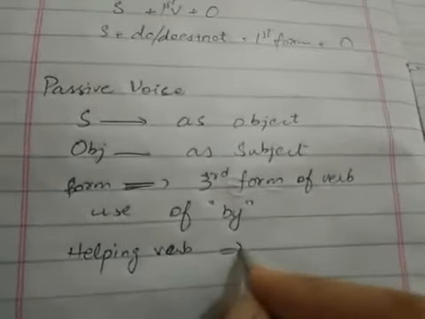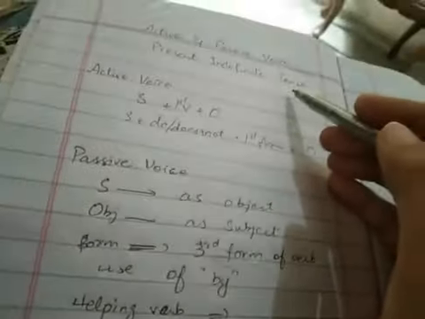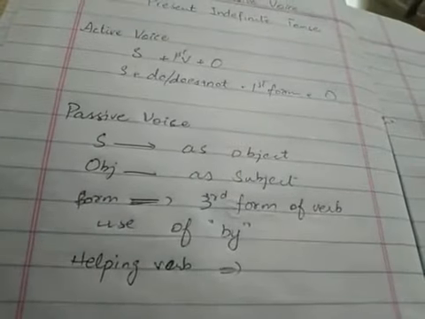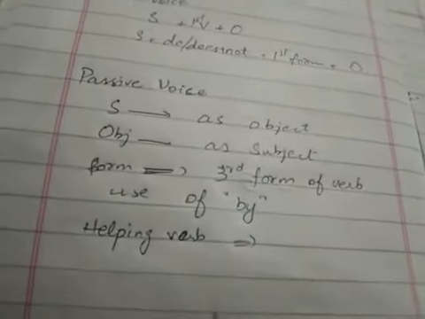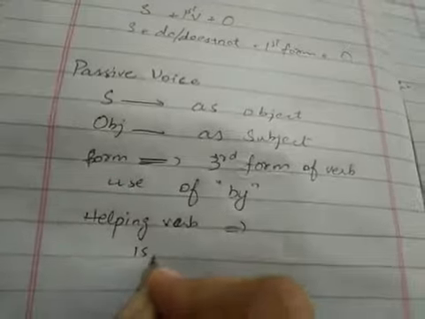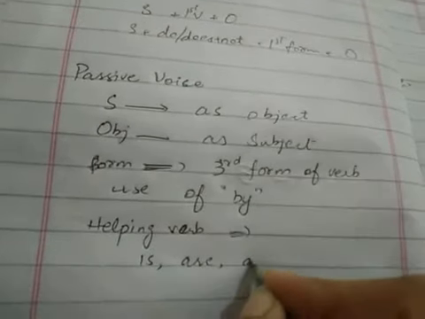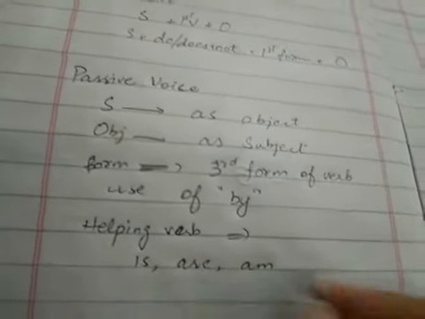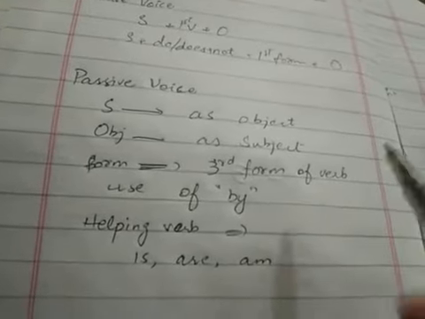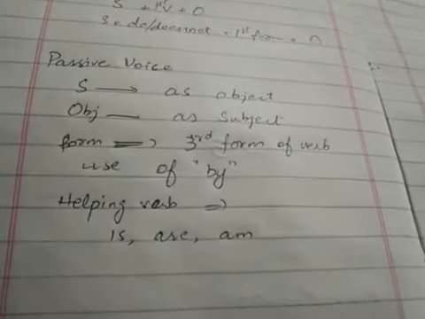As we have started with the present indefinite sentence, the helping verbs are is, are or am, used in the passive voice of present indefinite.